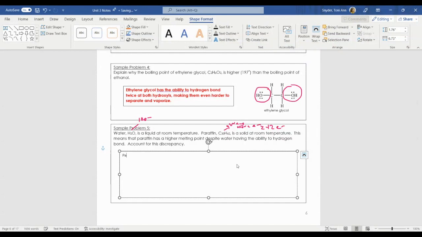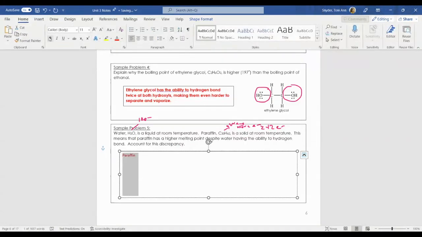So we're going to say paraffin is a very large molecule with many electrons, which we said it's got 242 before.